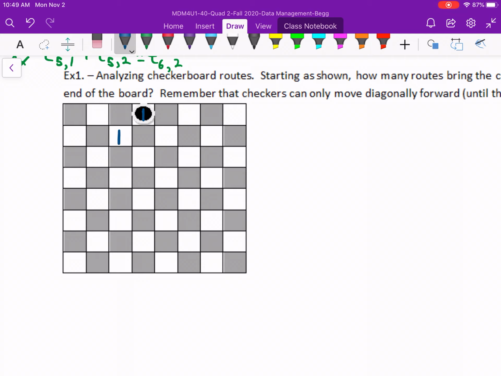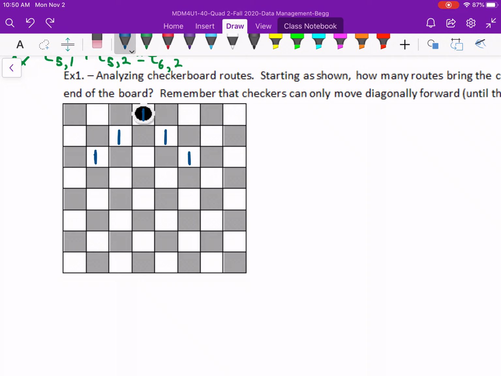There's one way to get from where it starts to that space, and also one way to get to that space there. We want to get to those squares, one way to each of them. It's possible to get to this square here, and there's only one way to do it. We have to go through this square first, and the same for the one on the right.